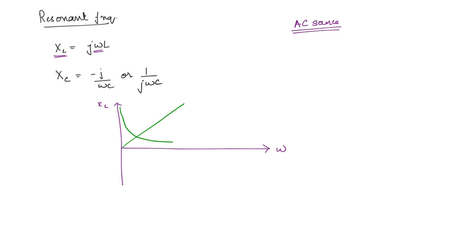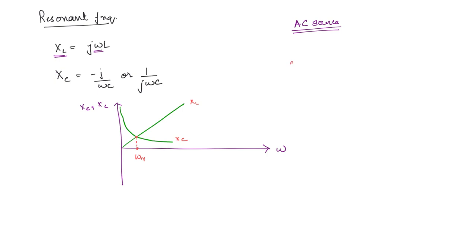Okay. Now the point at which both of them are touching, what will be this point? This is the inductive reactance and this is the capacitive reactance, right? We are plotting both XC and XL here. So when both are equal, what does it mean? It is the resonant condition, and this frequency here is called the resonant frequency.